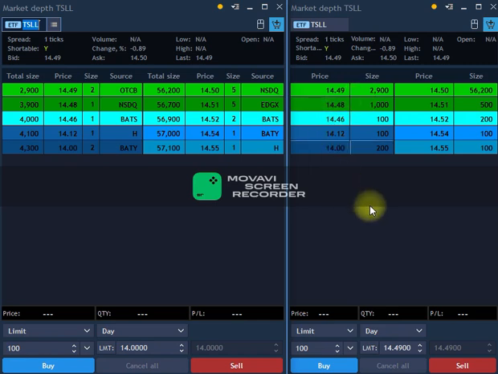Okay, so that's a sophisticated use of level 1. And of course, you see the same data below at level 2, which is any level below the inside bid, so any prices below the most expensive price that buyers are willing to pay is listed, and all the higher prices above the cheapest price that the sellers are willing to sell are also listed.